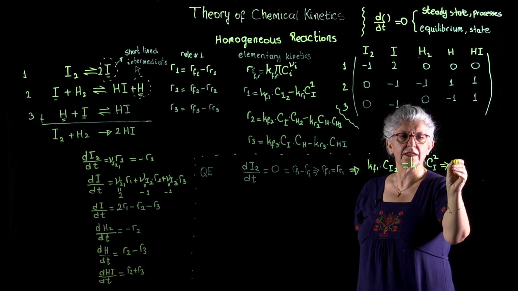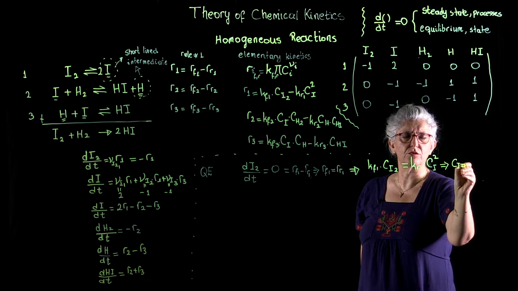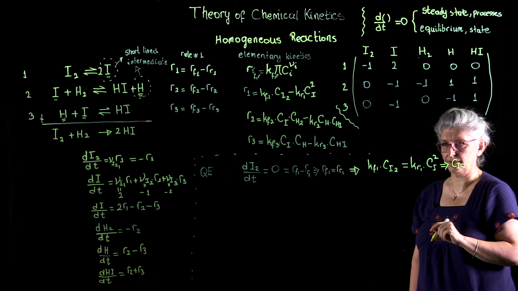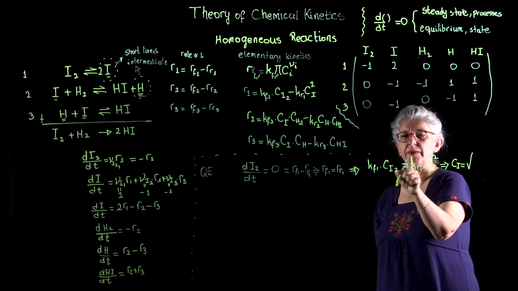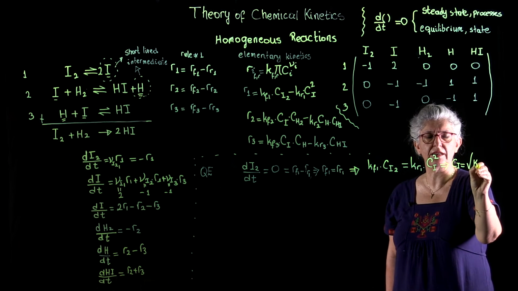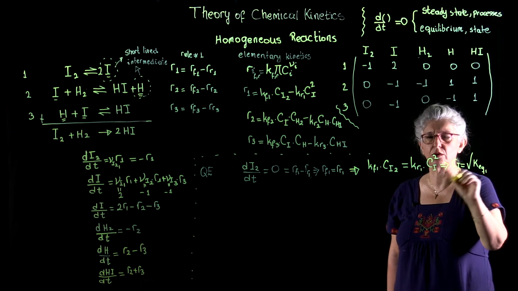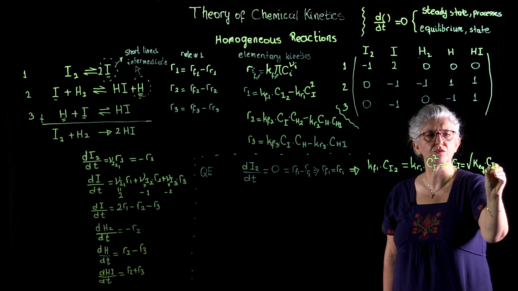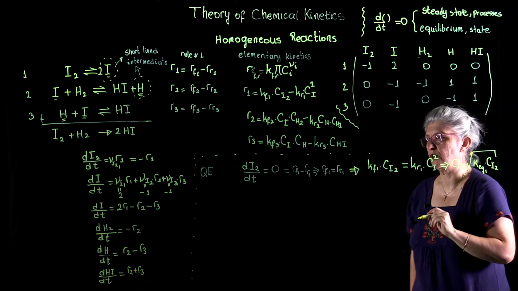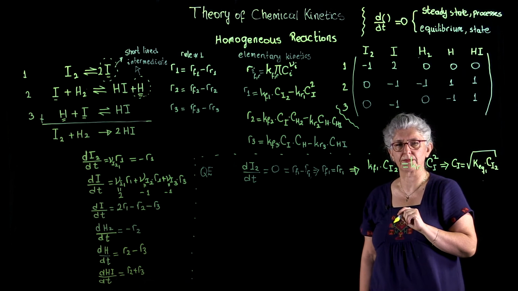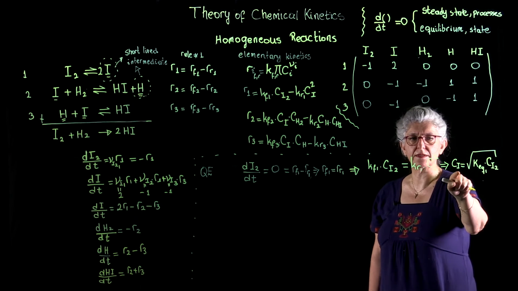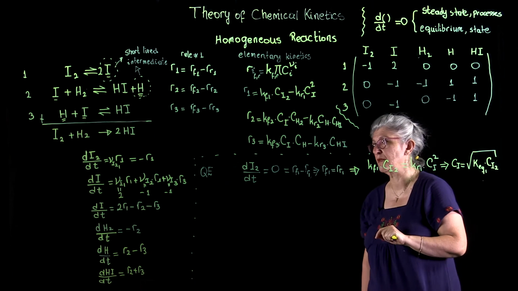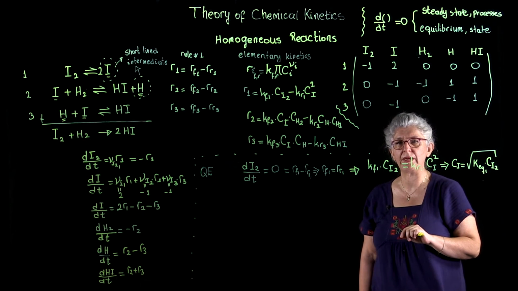So I get C_I to be equal to the square root of K forward divided by K reverse, which is K equilibrium 1 overall, times C_I2 in square root. Now I expressed the concentration of the short-lived intermediate in terms of the measurable concentration of my reactant.